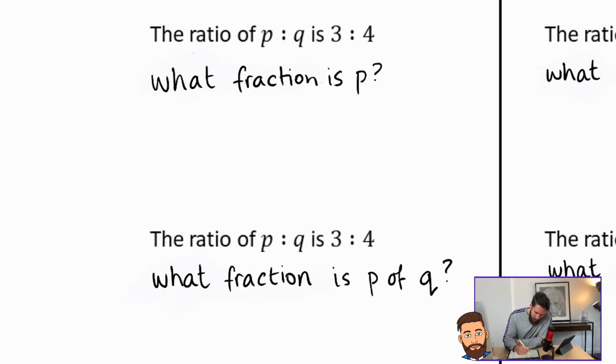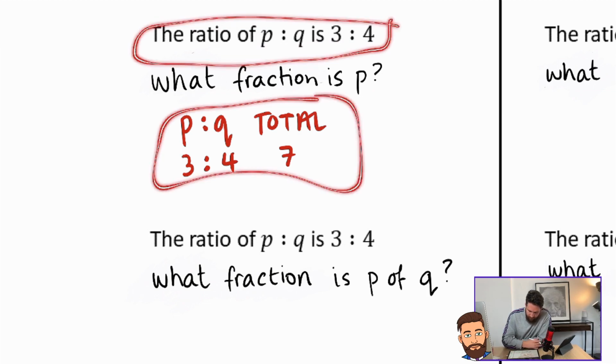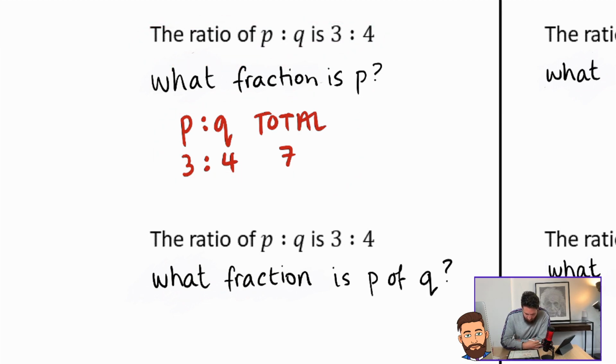So we could say, and you can follow along, P to Q with a total is 3 parts to 4 parts, and that has a total of 7 parts. So before I've even looked at this question, I've taken the question with the ratio in it and turned it into a layout that I'm more comfortable with, which I highly recommend.